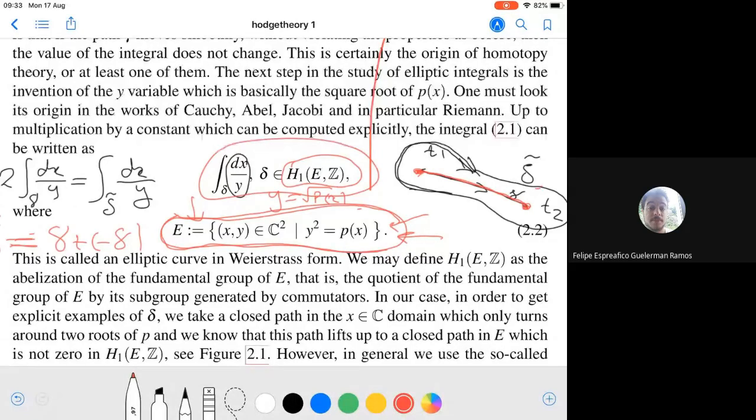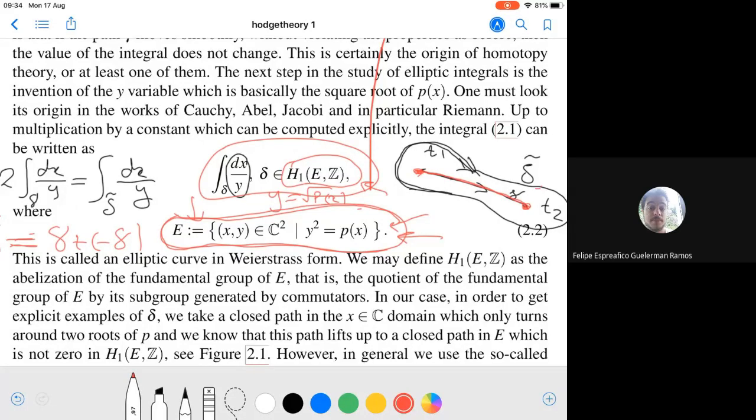The idea is that these paths will induce something in the homology, and there will be higher homologies and so on. I will try to go slowly, and if somebody doesn't know the construction of homology and cohomology, I will try to give a few lectures to cover this part.